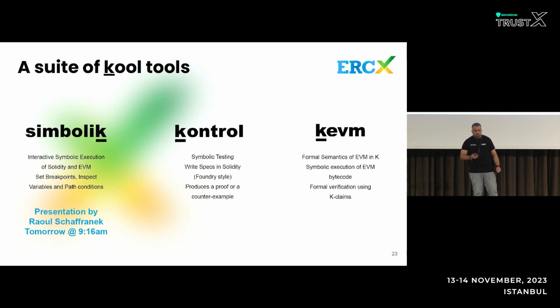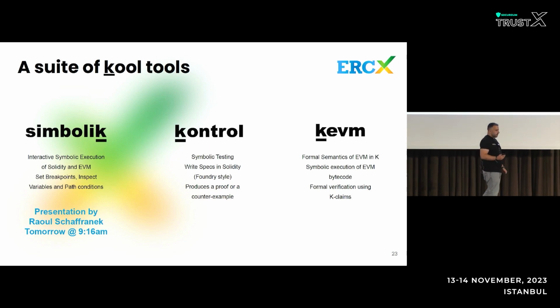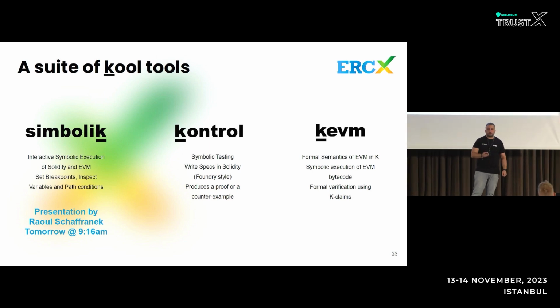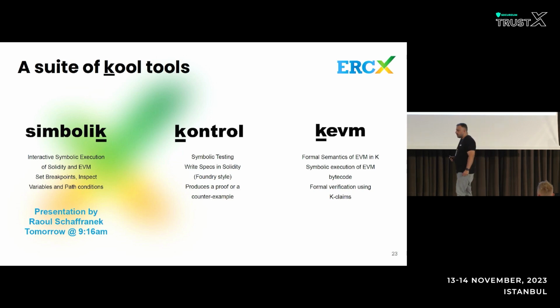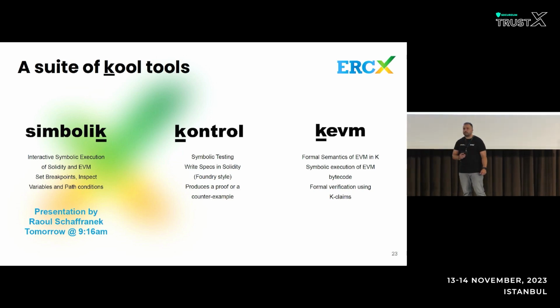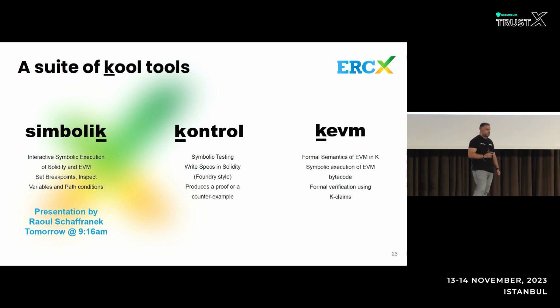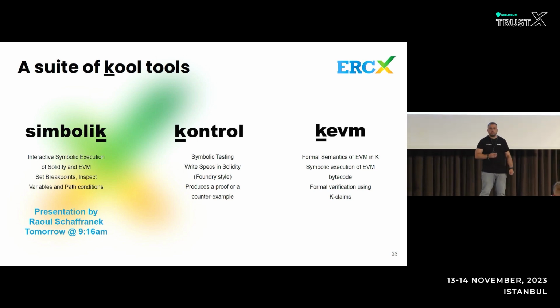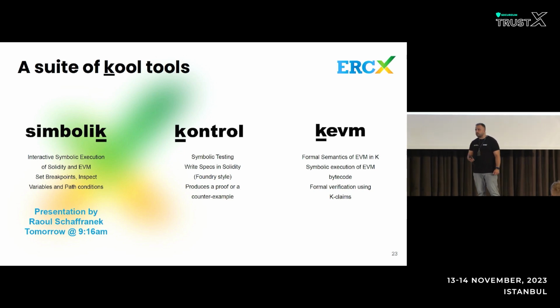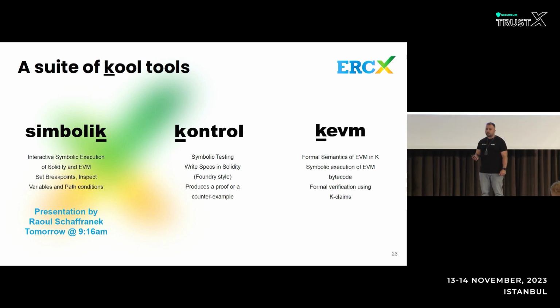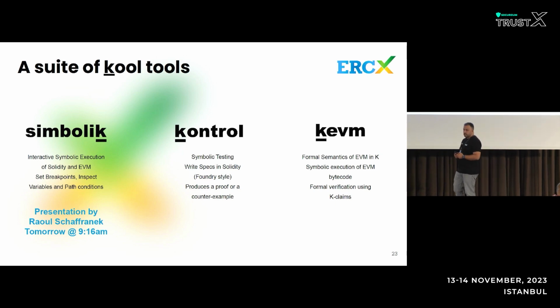As a final word, I just want to mention that this is a small effort, part of a larger effort at Runtime. We are building a lot of cool tools related to EVM semantics. We have Symbolic, which is our symbolic debugger, which allows you to set breakpoints, inspect variables, and execute your program in a symbolic manner. You must attend Raoul's presentation tomorrow at 9:16.